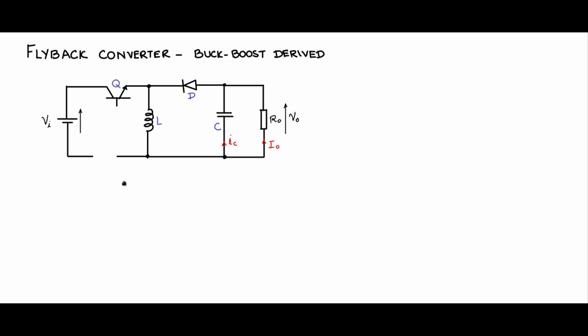Now I will make one modification, just like we did in the forward converter. This control switch is on the rail side. This switch has to be driven to saturation on and off by controlling the voltage across its base and emitter.